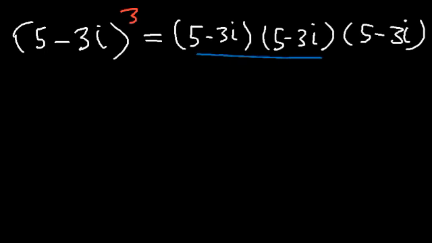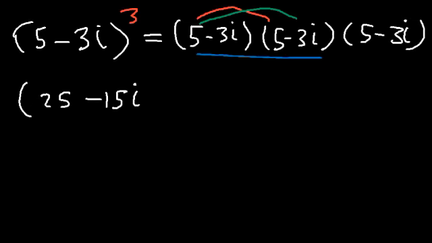So let's start with those two. What's 5 times 5? 5 times 5 is 25. And then we have 5 times negative 3i, which is negative 15i. And then negative 3i times 5, which is also negative 15i. And finally, negative 3i times negative 3i, which is positive 9i squared.